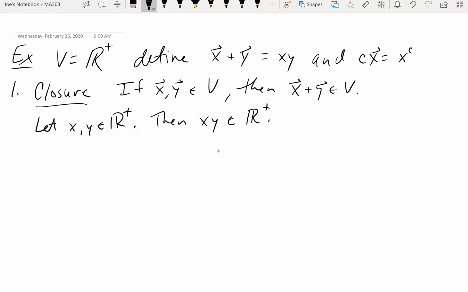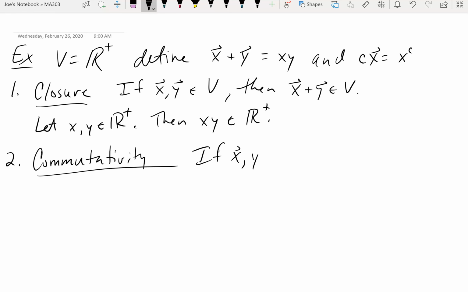Okay, cool. All right. So 2 is commutativity. Commutativity says that, I'll write it this way. If x and y are in your vector space, then x plus y has to be y plus x. That's the axiom, right?